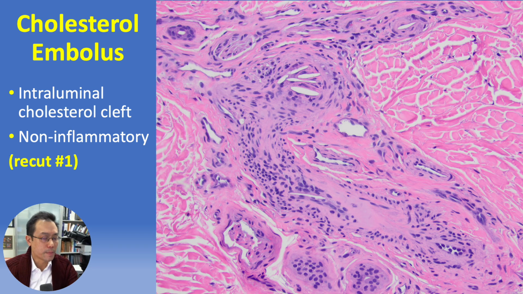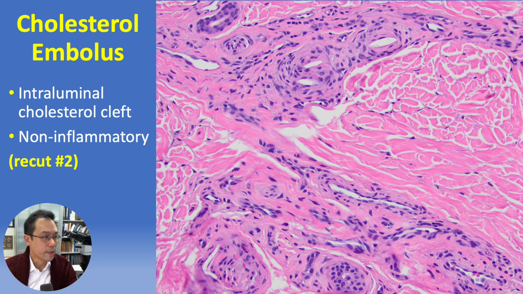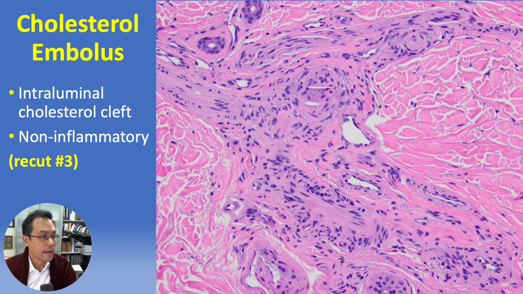And as is typical with very focal findings, they can be difficult or impossible to find, sometimes requiring deeper sections, and even the appearance or profile in serial recut sections can look different. Recut number 2. And recut number 3.